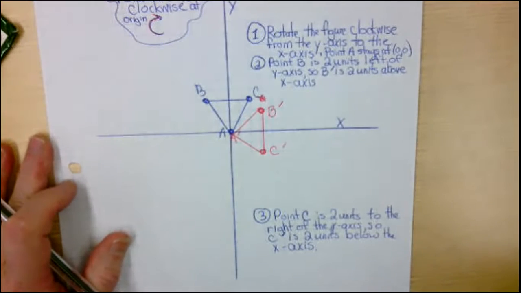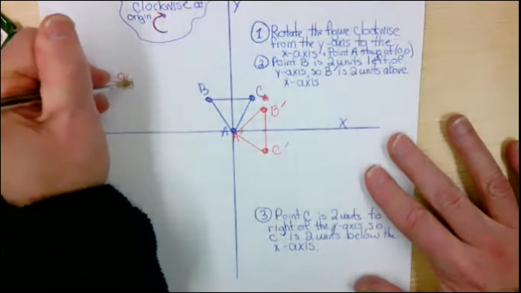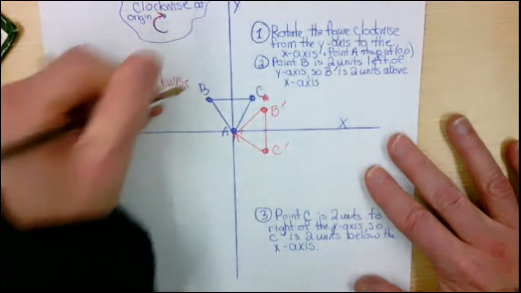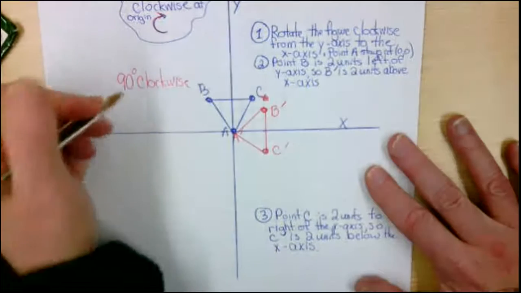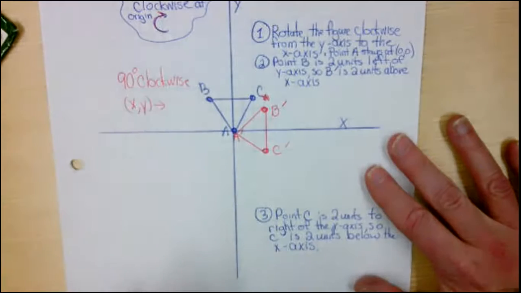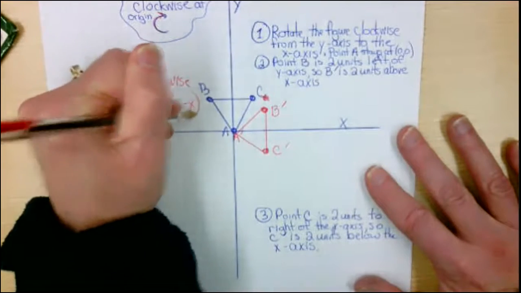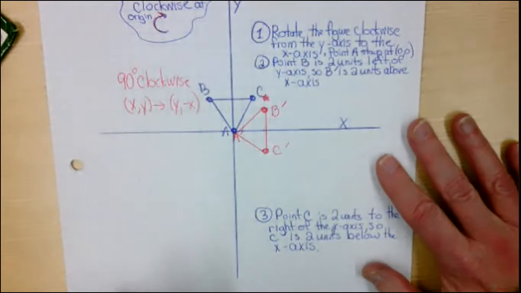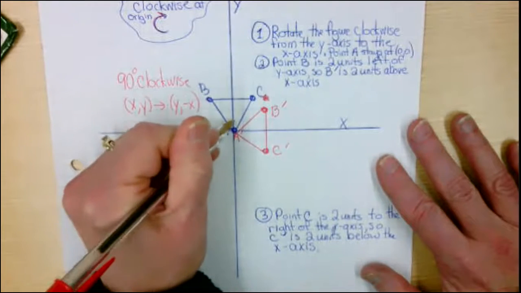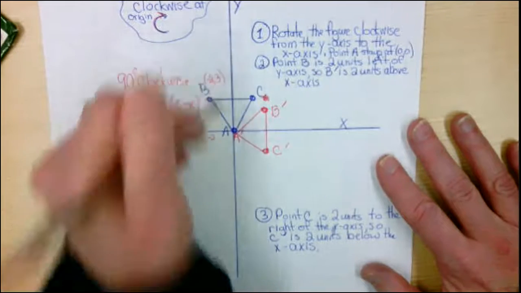So if we were to apply our rules for 90 degrees clockwise, I'm just going to write the rules here. So x and y, you're going to memorize these rules, is going to become y comma negative x. So let's just take the coordinate of B. This was originally negative 2 comma 3.